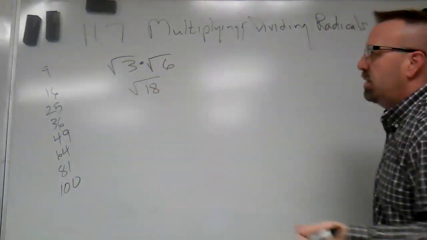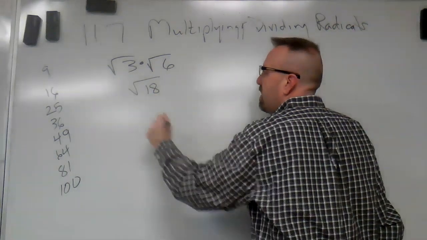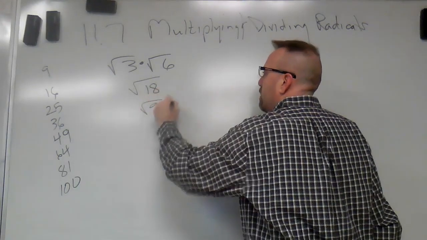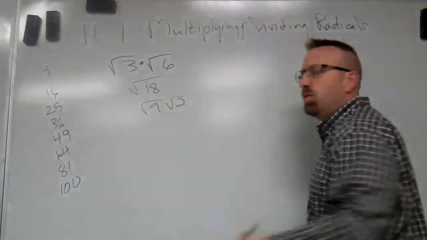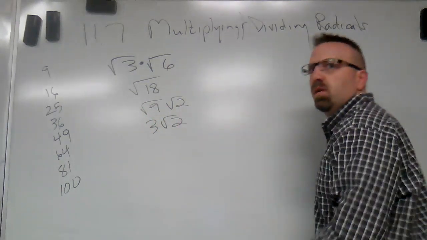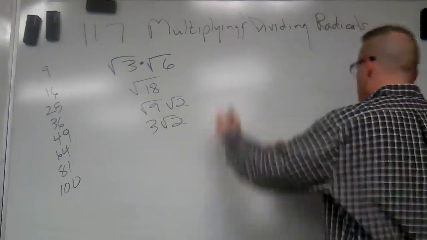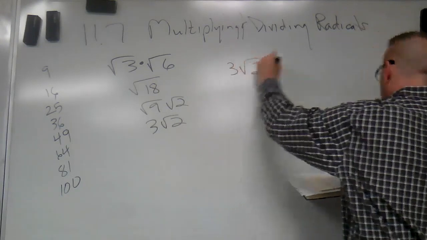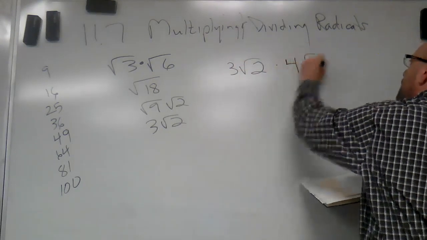Is there a number in this column that could go into 18? 9. So we can break it down into 9 times 2. Square root of 9 is 3. 3 radical 2.